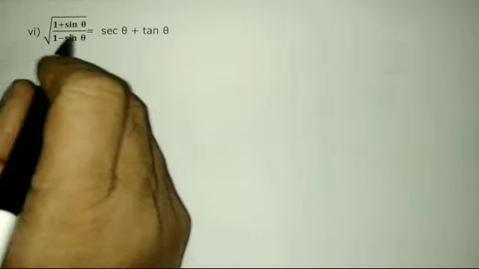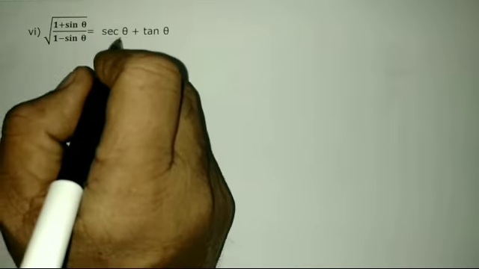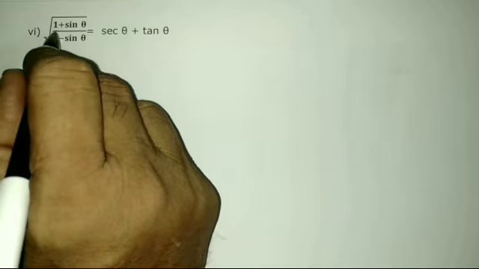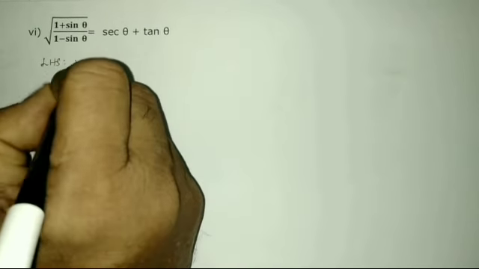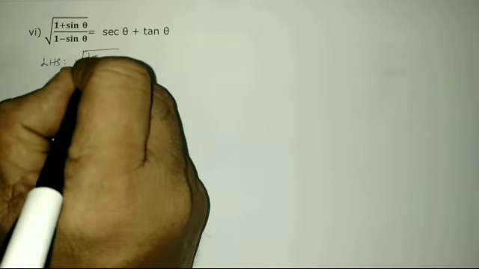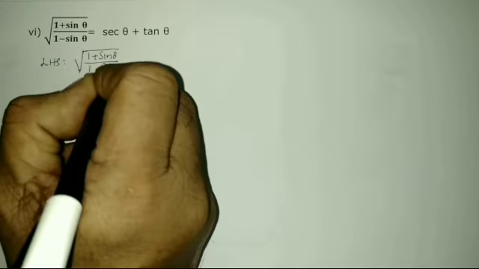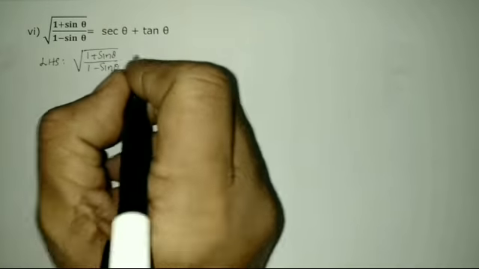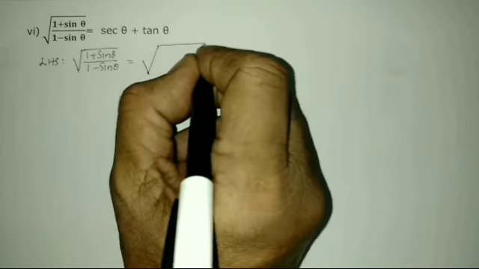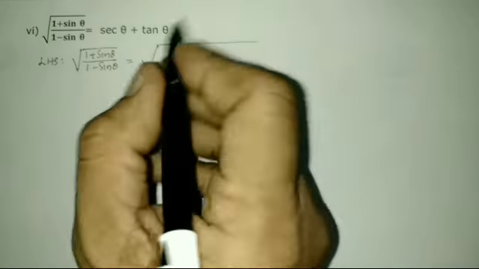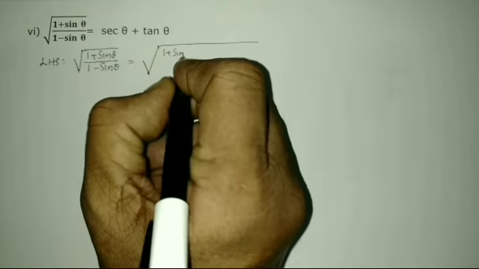Sixth problem. Prove that root of 1 plus sin theta by 1 minus sin theta equal to secant theta plus tan theta. So left hand side, root of 1 plus sin theta by 1 minus sin theta is equal to, now we are going to multiply both numerator and denominator by 1 plus sin theta under the same root.